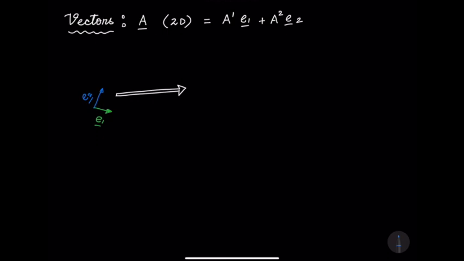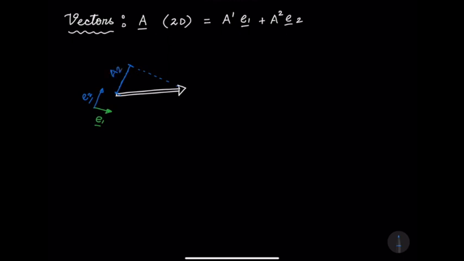So how do I get the components along these two basis vectors? Well, I use the rectangular rule for the vectors, like this.